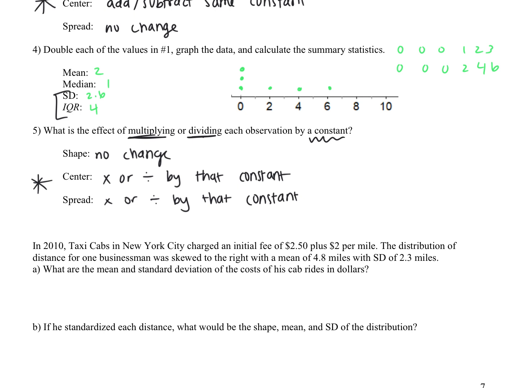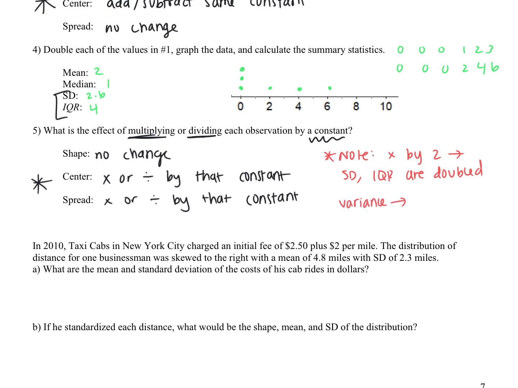Okay, one thing to note. This is the only thing that can be a little bit tricky. If we multiply by 2, like we did above, the standard deviation and the IQR are doubled. Variance, though, is different.